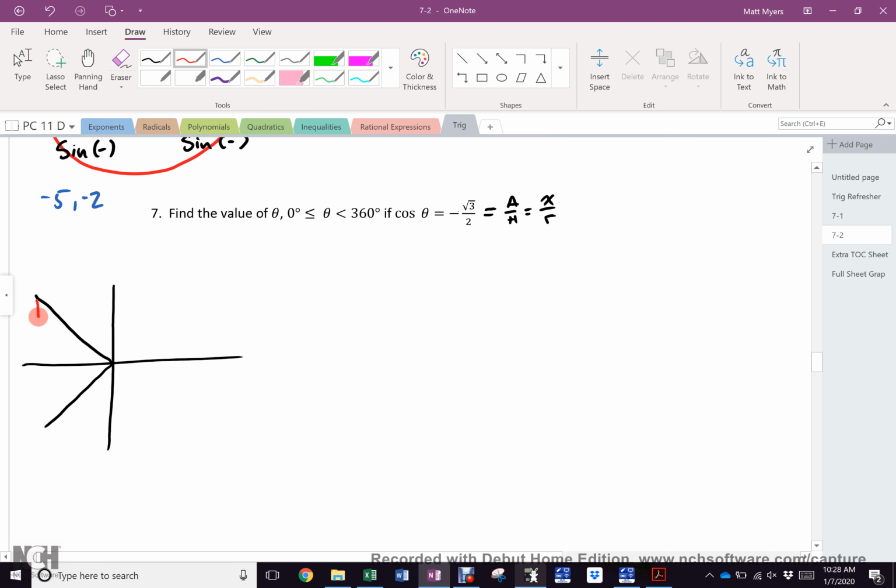So how far is this red line? The horizontal red line, sorry, I should have done it this way. How far is the red line? Negative root 3. How far is the blue line? 2. How far is the green line?